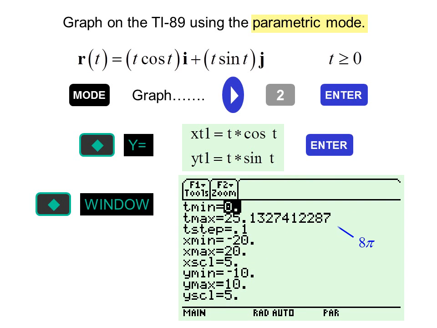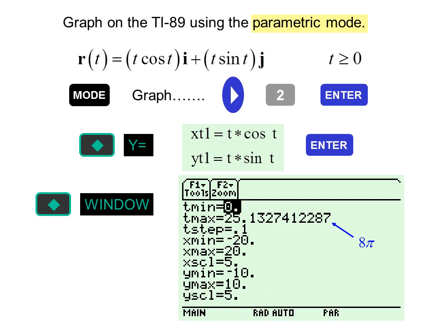Then we set our window as follows. We'll let t go from 0 to 8 pi. And you can just enter 8 pi. The calculator will change it to a decimal. We'll make t-step 0.1. We'll have x go from negative 20 to 20. We'll set the scale on the x-axis at 5. Y will go from negative 10 to 10.